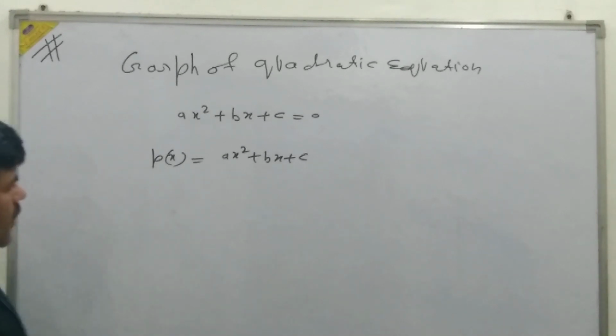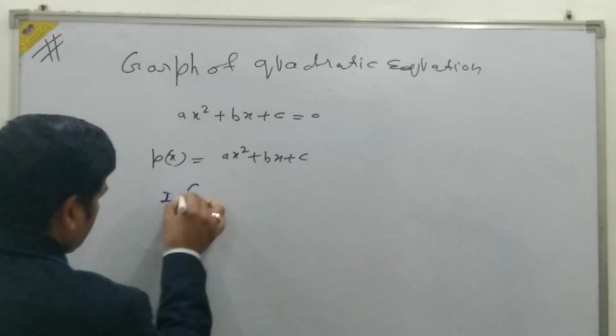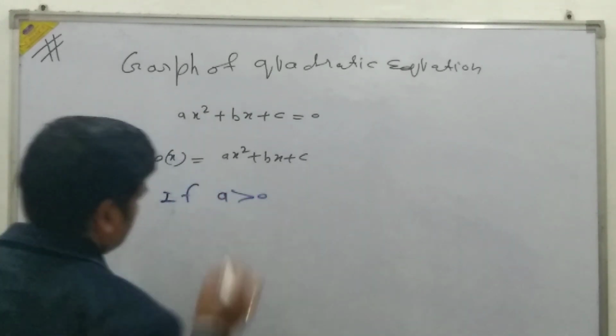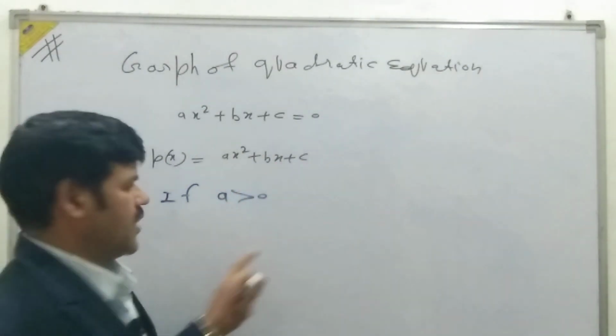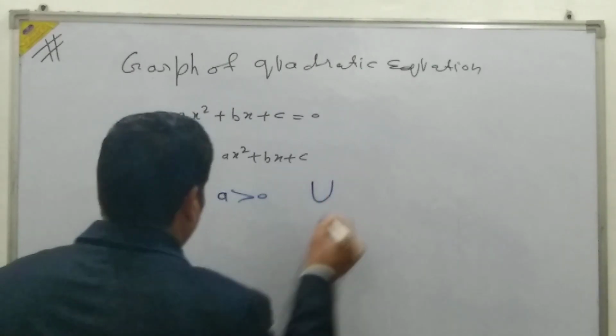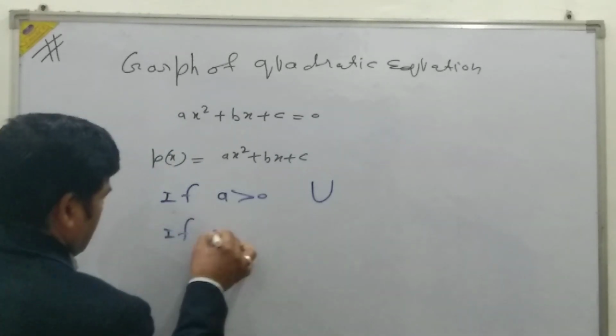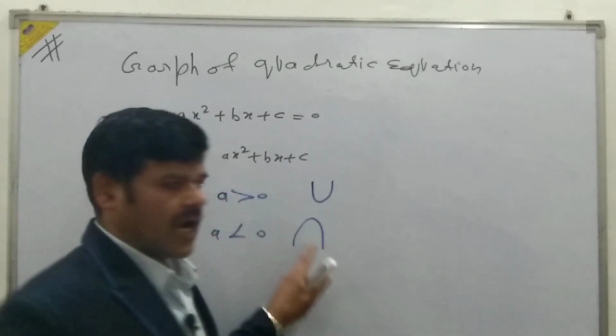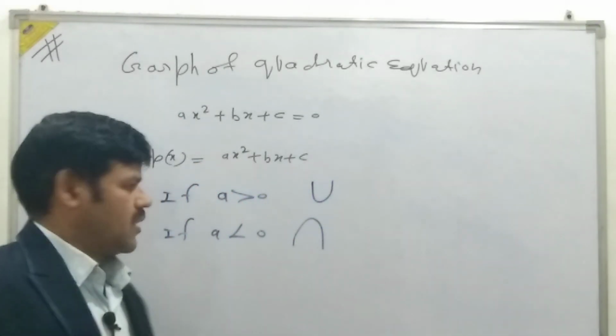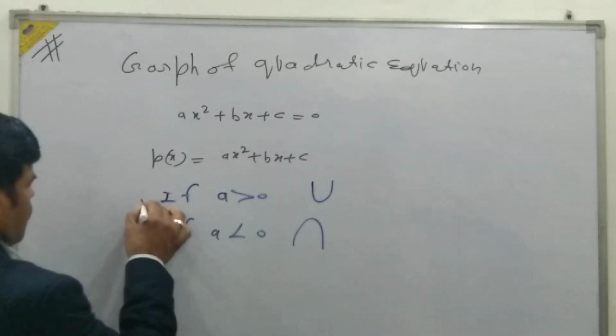If a is greater than 0, the graph of this polynomial is an upward parabola. If a is less than 0, the graph will be a downward parabola.